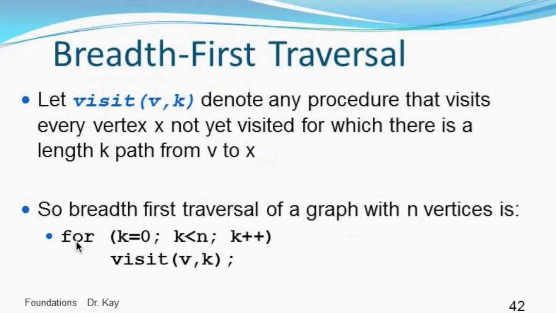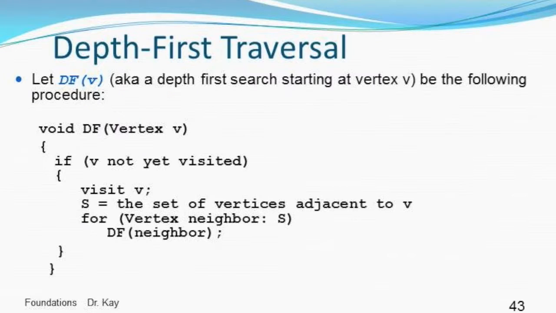Effectively, all we do is we say first visit all the vertices that are of distance 0 from my start vertex, in other words, just that vertex itself. Then go to all vertices that we haven't visited yet that have a length 1 path, and then a length 2 path, and so on. So you should have done breadth first traversal. You should be very familiar with this.